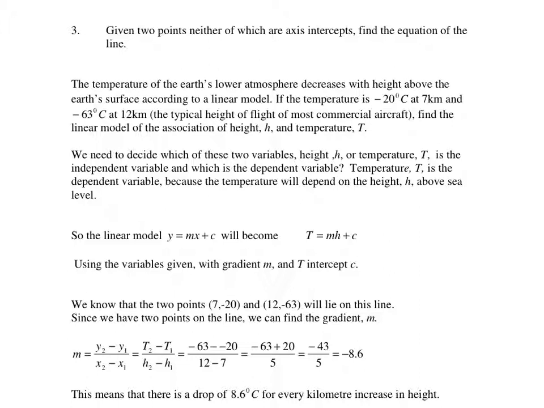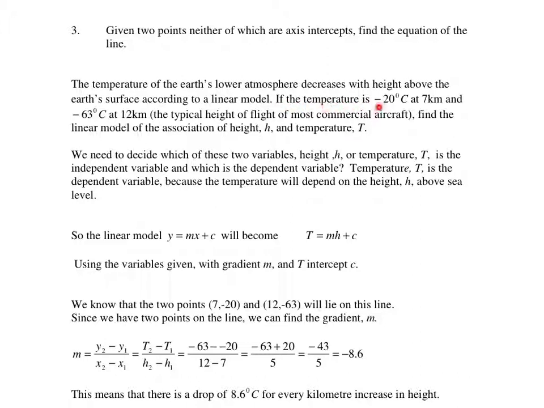Now there's not a lot of point to doing all of this linear algebra unless we can apply it to a real life situation. So we're going to do exactly that. The temperature of the Earth's lower atmosphere decreases with height above the Earth's surface according to a linear model, at least for part of the increase in height.